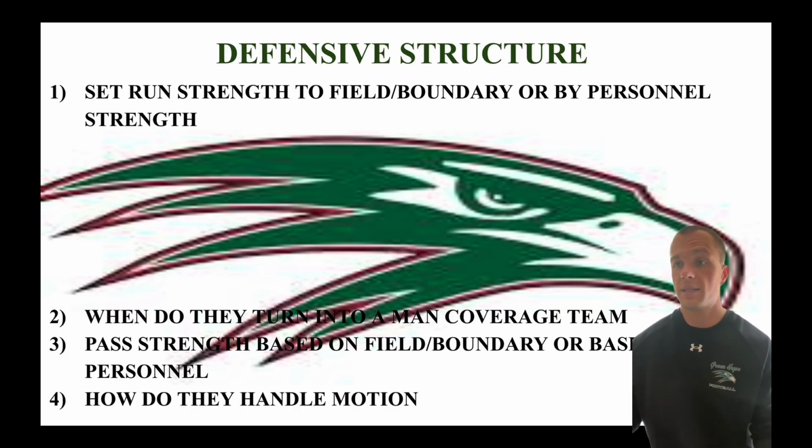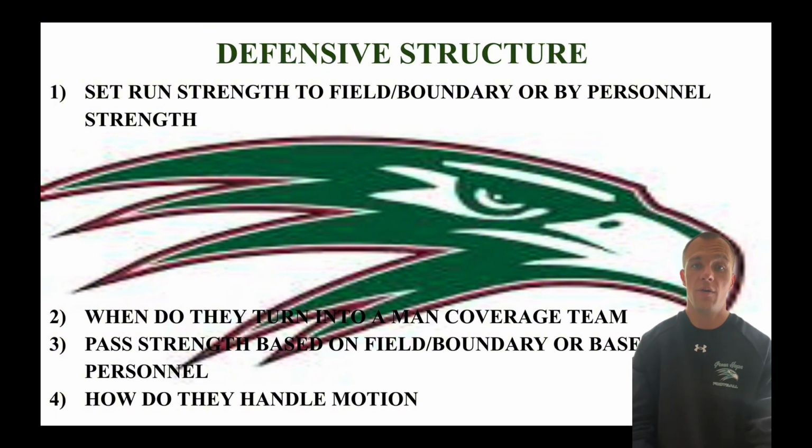So then the next thing is putting it all together: their defensive structure. One thing that we talked about is, will they put their run strength, or their strength to stopping the run, opposite of the running back, or does everything tie in? Because there have been times where the defense might not have been on the same page.